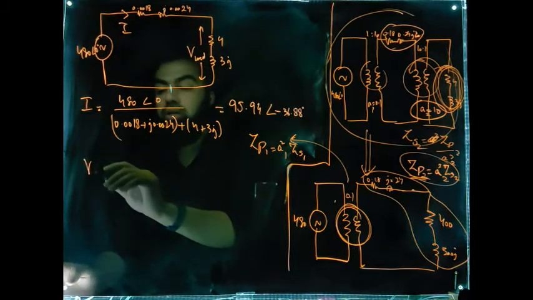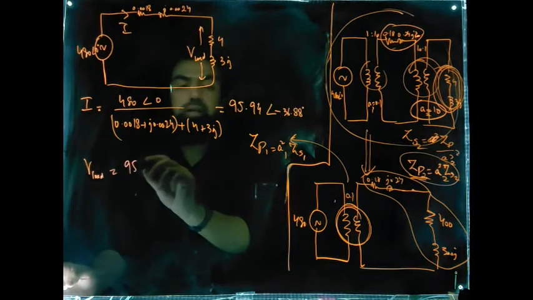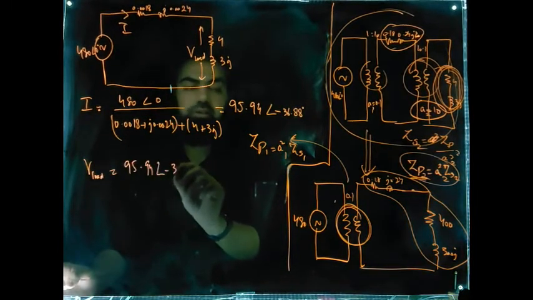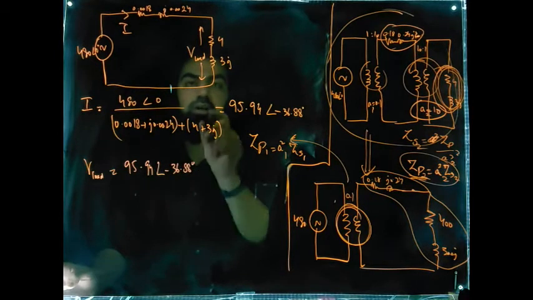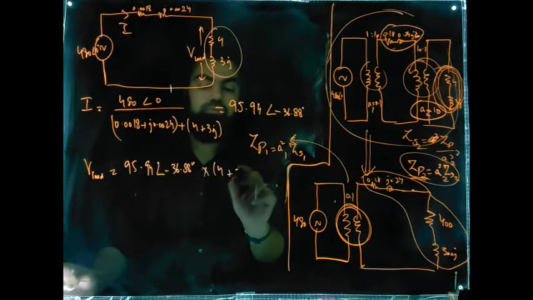So V load will be equal to 95.94 angle minus 36.88 degrees, the current, into this impedance, that is 4 plus 3J.